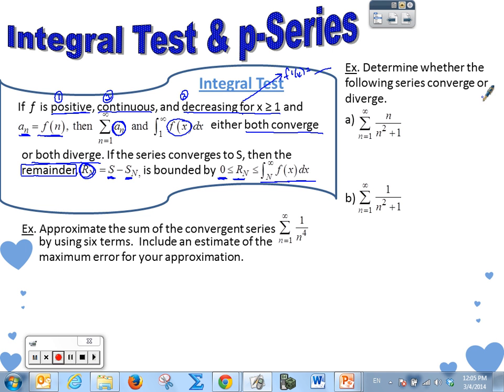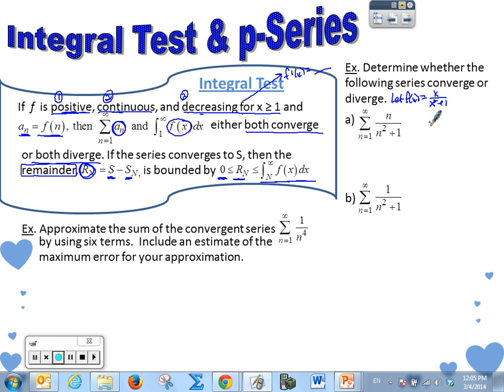So the first thing we do, we say let f of x equal x over x squared plus 1. That sets up my function. Once I do that, I have to determine if these three things are happening. The first thing, positive. If I put this number 1 or any other number, 2, 3, 4, 5, into this expression, am I going to get a positive number?